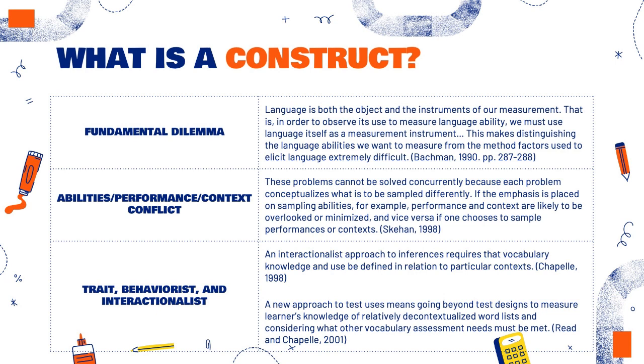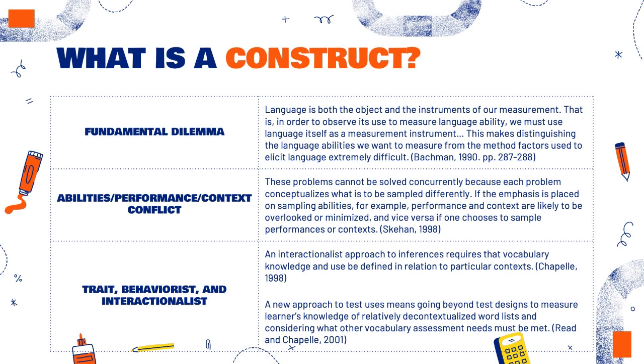Skehan, 1998, on the other hand, contends that the three underlying problems of language testing are inferring abilities, predicting performance, and generalizing across context. The abilities, performance, context conflict refers to the fact that these problems cannot be solved concurrently because each problem conceptualizes what is to be sampled differently.